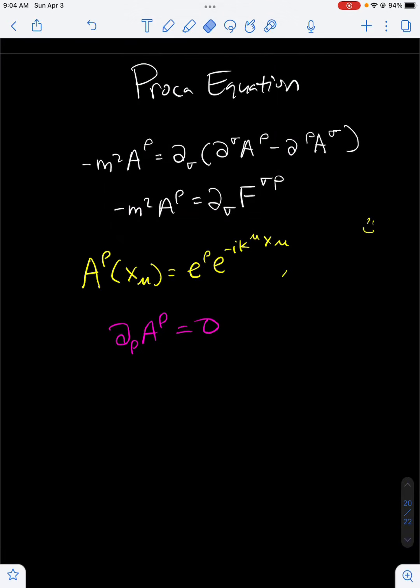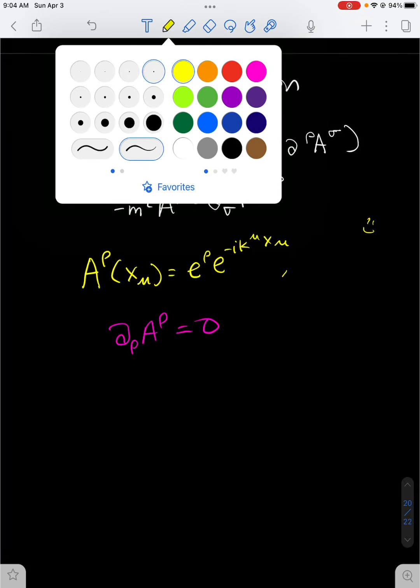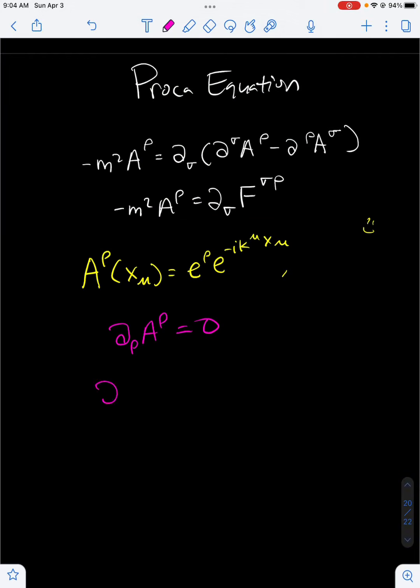So let's actually begin. First, let's just plug in our solution to the Proca equation. Oh, and by the way, this e to the rho, that's just some 4 vector, and then this is just a plane wave.